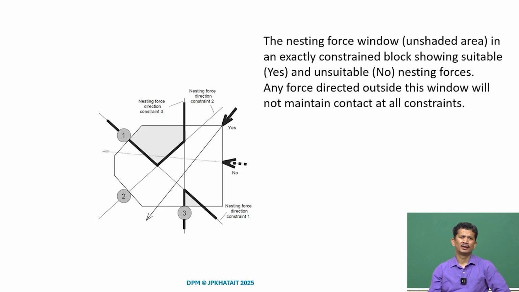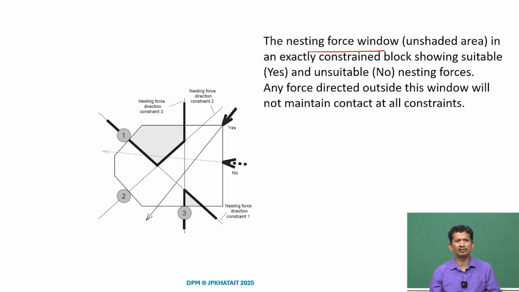So, nesting force, where to apply, how to apply, I think is one of the topics we will consider in the coming lectures, and what we try to learn is that there is a nesting force window possible. It is not just one force, but like one area defined.